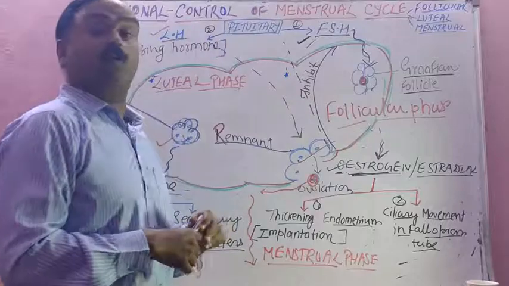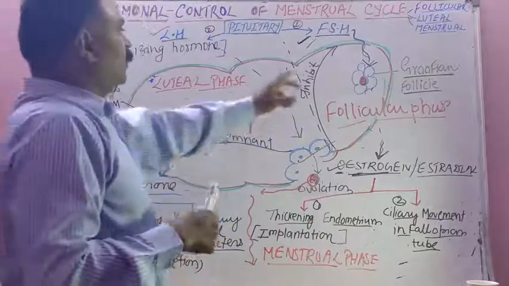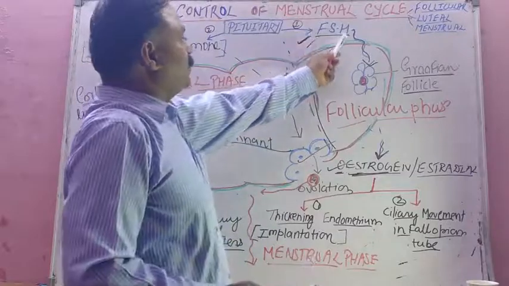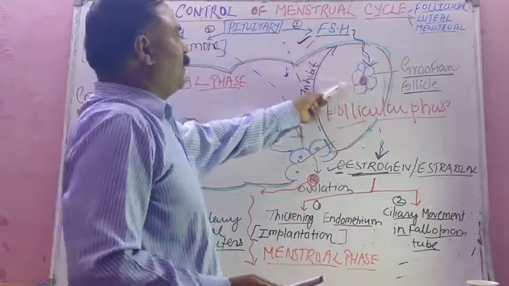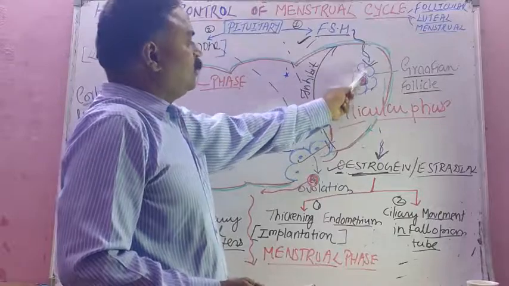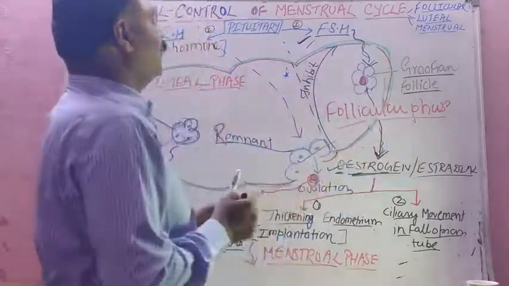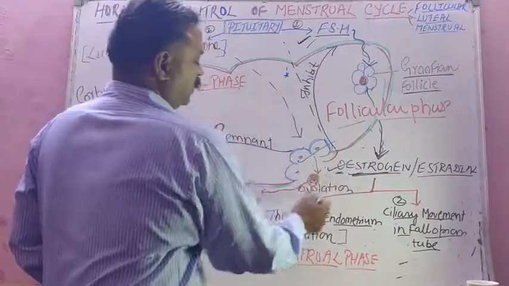Commonly these are called gonadotropin hormones. So first function of FSH, follicle stimulating hormone, as the name suggests, is to stimulate the maturation of Graafian follicle, isn't it? And then that secretes the first female hormone, estrogen.